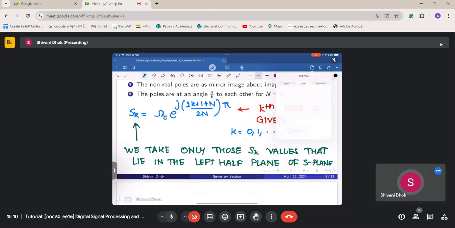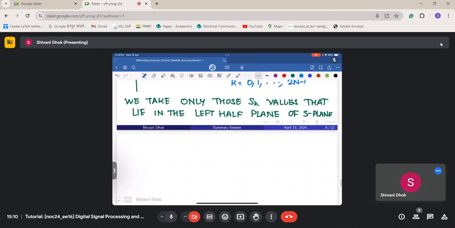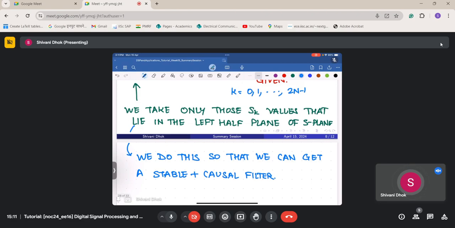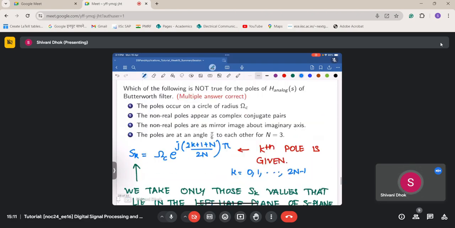And why do we do that? We do this so that we can get a stable and causal filter. Okay, this is the aim that we wanted, and in order to achieve that, we will select only those values of Sk that lie in the left half plane of the S plane.